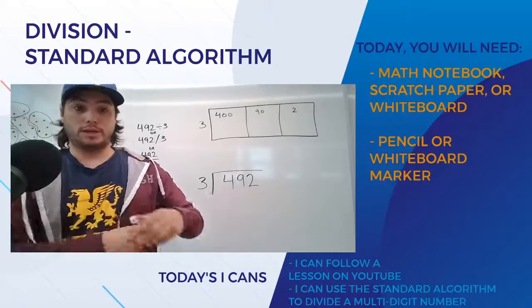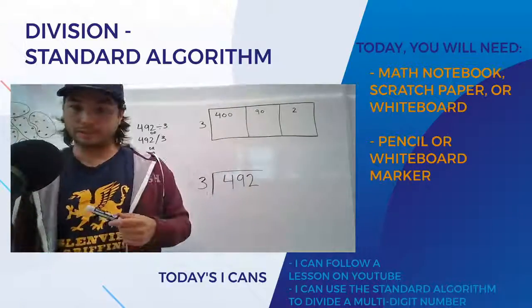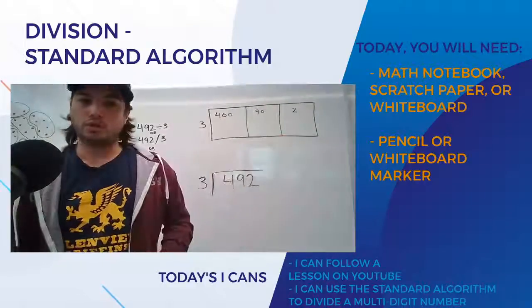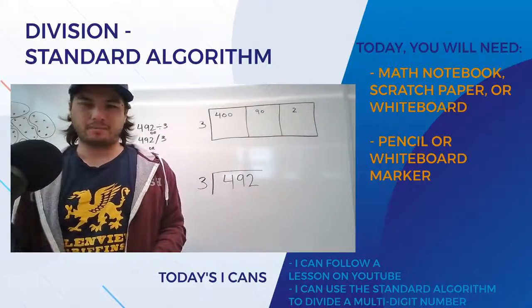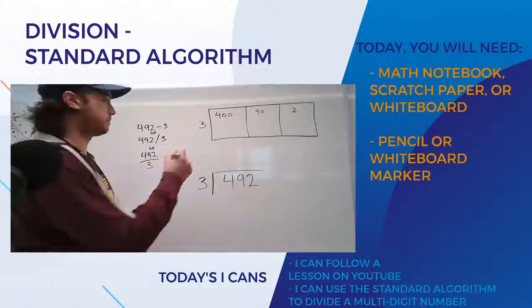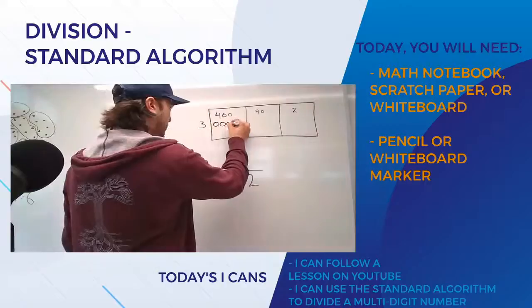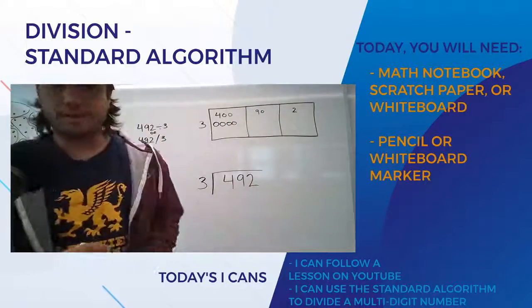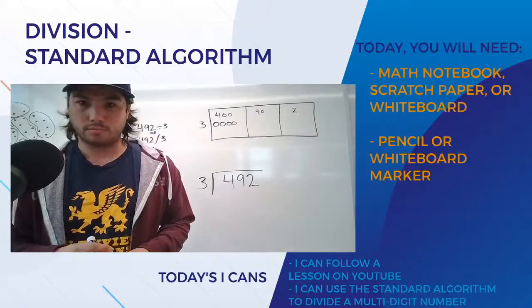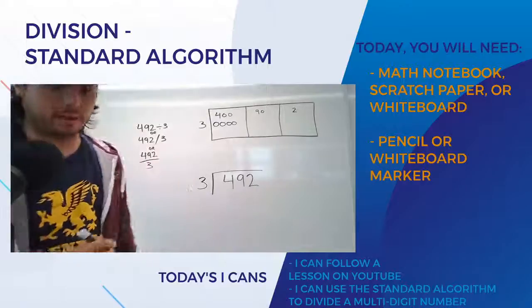So 492 is 4 hundreds, 9 tens, and 2 ones. And then we're going to think about, if I have 4 things, each of them worth 100, how many groups of 3 can I make? I can make one group of 3. 100.